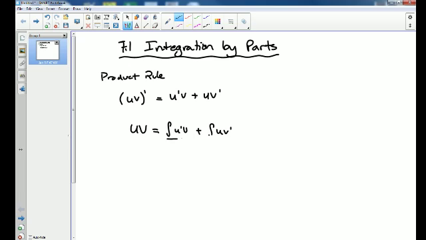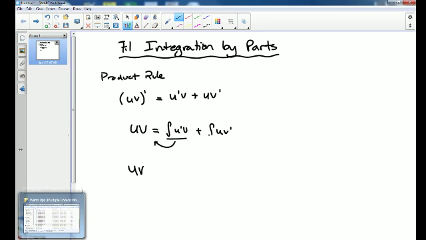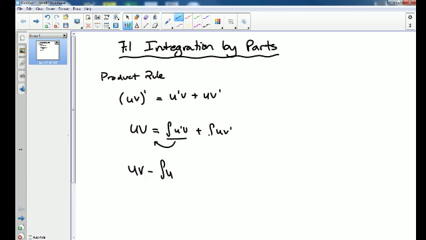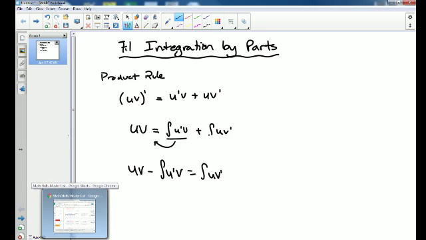We end up with this little formula. This is called integration by parts.